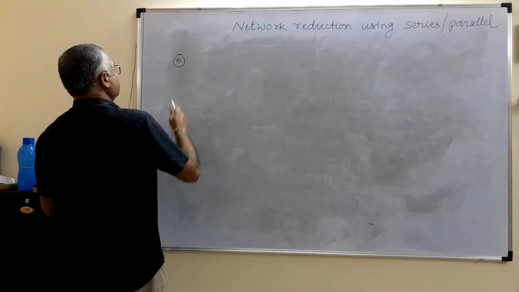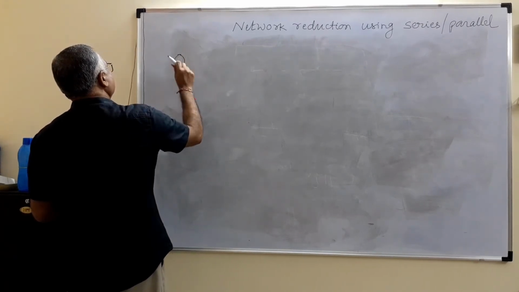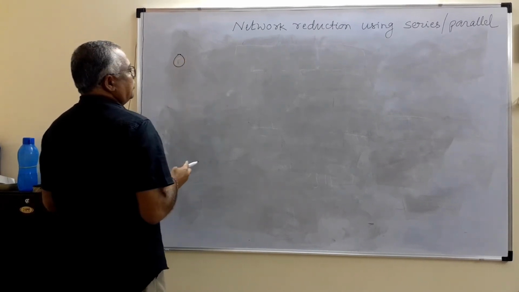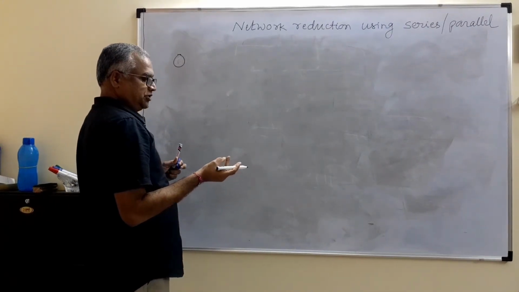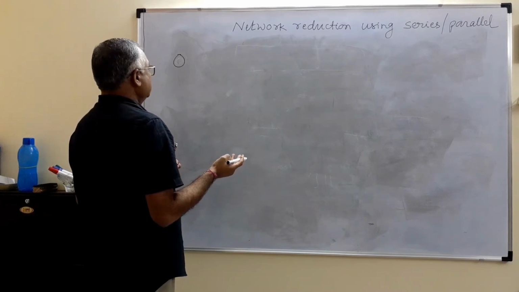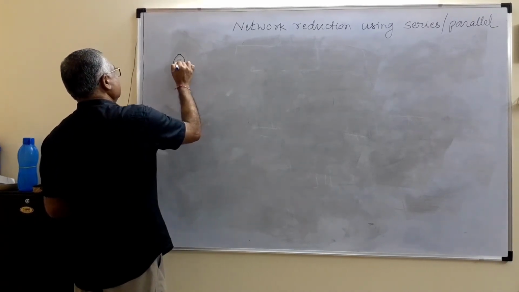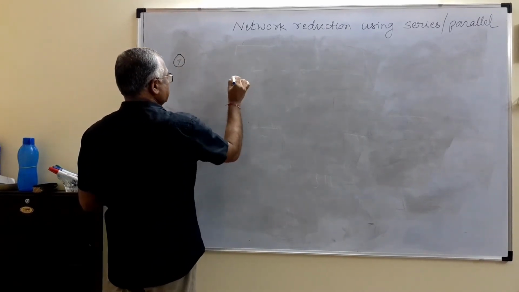Next, lattice network. T open short, pi open short, bridge T open short. So 6 over, now this is the 7th one. Lattice network.